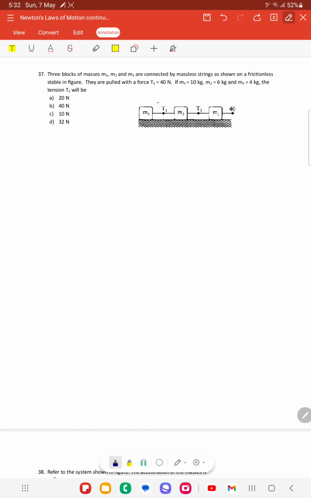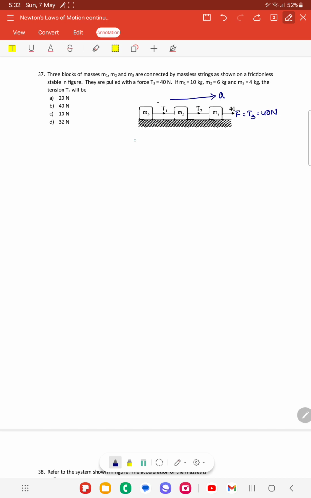Question number 37. Three blocks of masses m1, m2 and m3 are connected by massless strings as shown in the figure on a frictionless table. They are pulled with the force T3 equal to 40 Newton. m1 is 10 kg, m2 is 6 kg and m3 is 4 kg. What is the tension T2? Here the force F is given as T3, which is 40 Newton. Since the force is acting towards the right, the three objects move with acceleration a along the right direction.